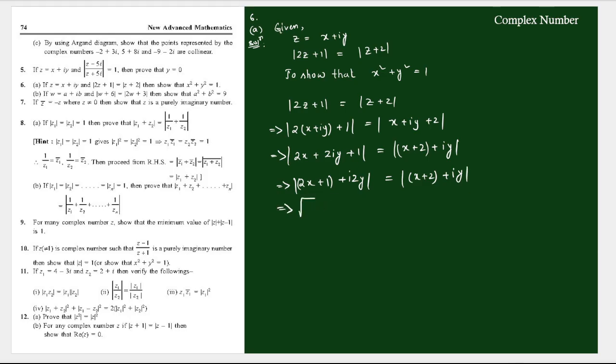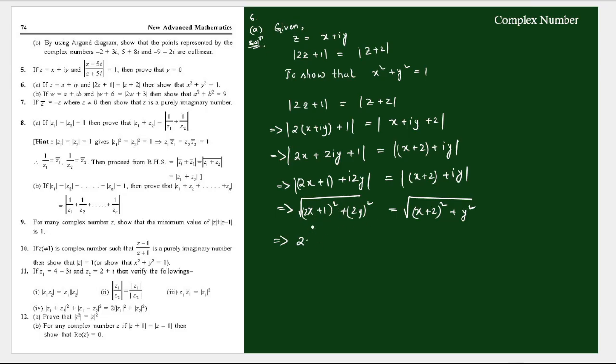So use the formula now. Square root of 2x plus 1 whole square plus 2y whole square. And this side also square root of x plus 2 whole square plus y square. Now square both sides, then the square root will go away, and then we will have 2x plus 1 whole square.